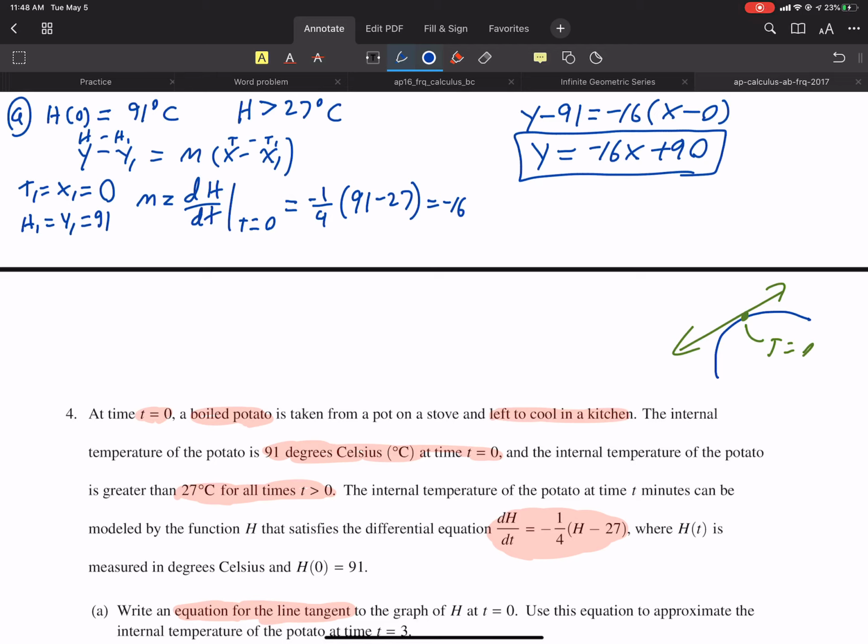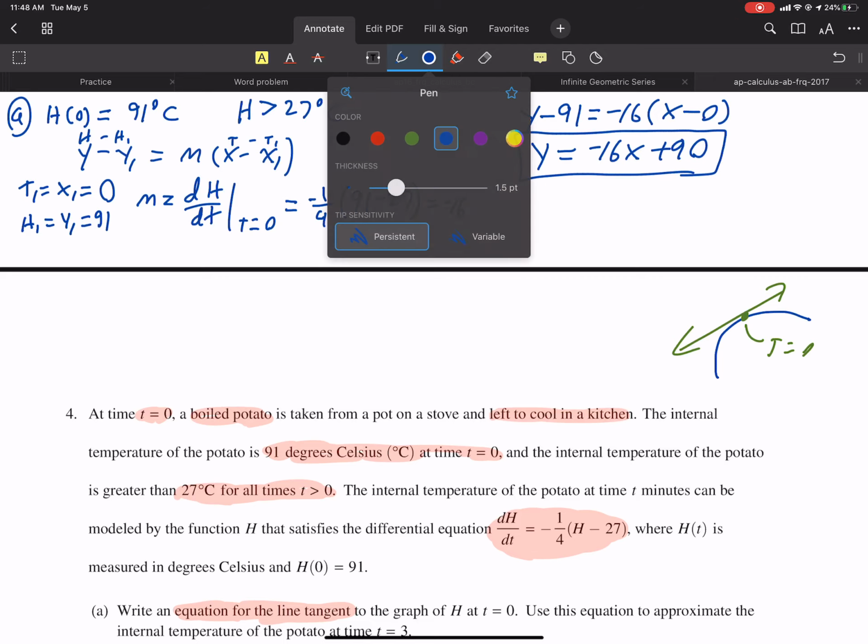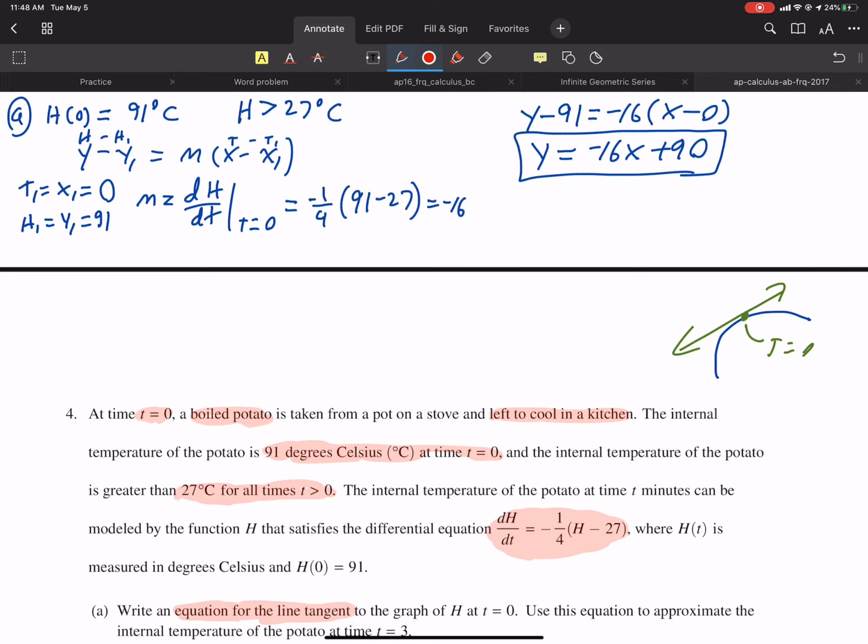But then they want to use this to approximate the temperature at 3. So what it's actually asking for, so suppose that's t is 3. Since we don't have the equation of the blue line, we can find that point right there. If we can find the y value when t is 3 on this green line, that'll give us the approximate y value of the blue line, because close by it kind of follows.